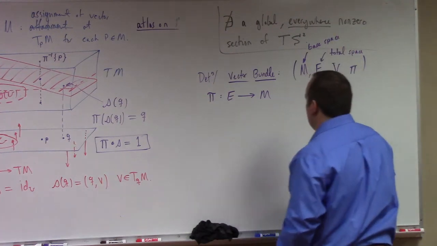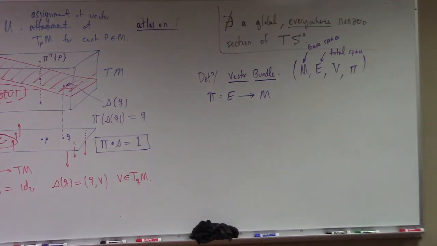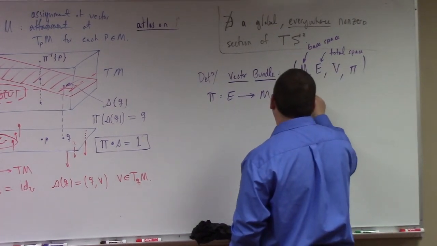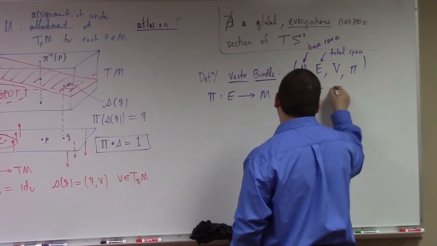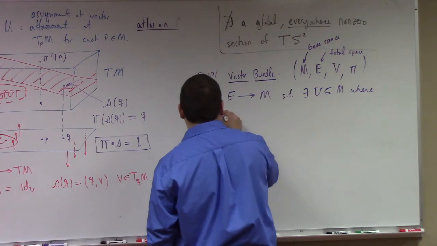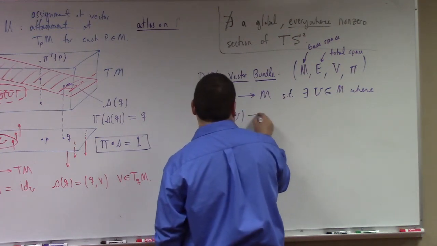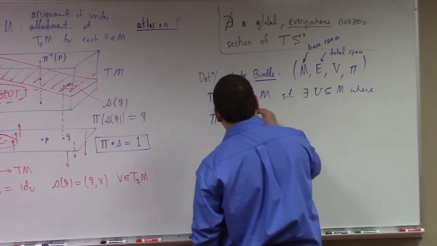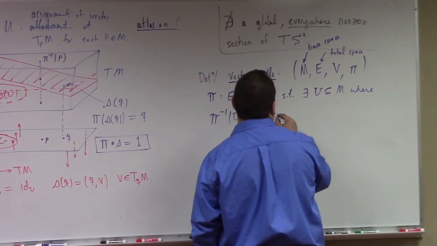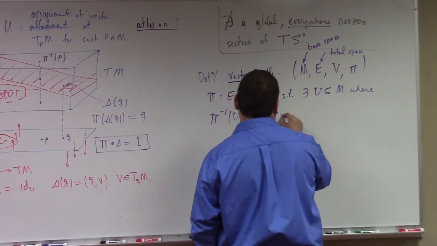For physical applications, I usually think of M as being space-time. So you've got this projection from E to M such that there exists U, subset of M, where pi inverse of U is diffeomorphic, I suppose, to U Cartesian product the vector space.